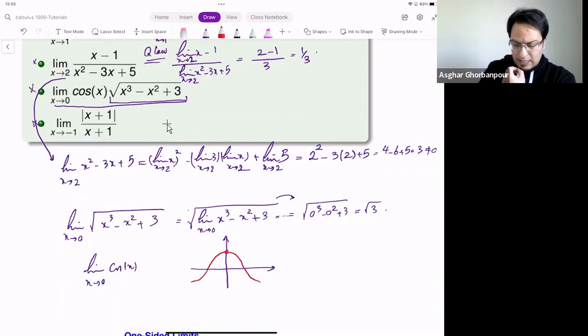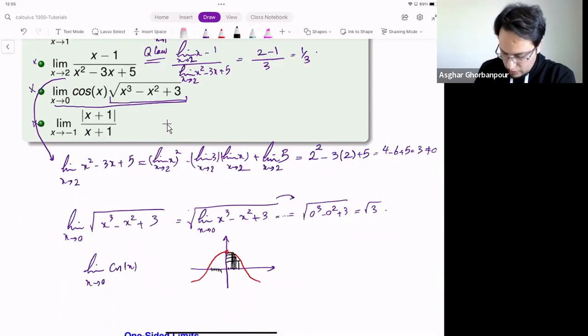When I'm trying to find the limit of cosine x as x goes to zero, I'm not interested in the value of cosine at zero. I'm interested in what happens when we get closer to zero. And here's what happens.